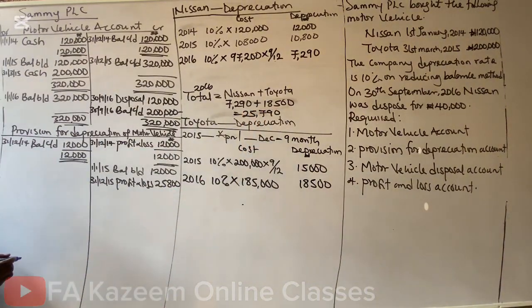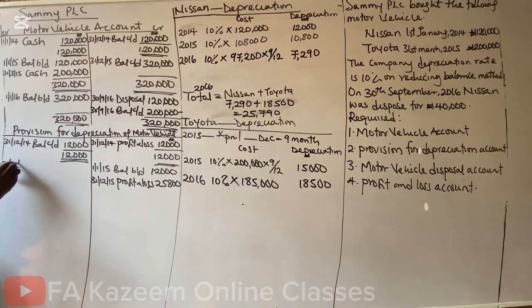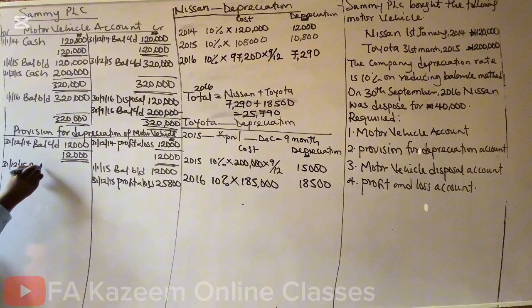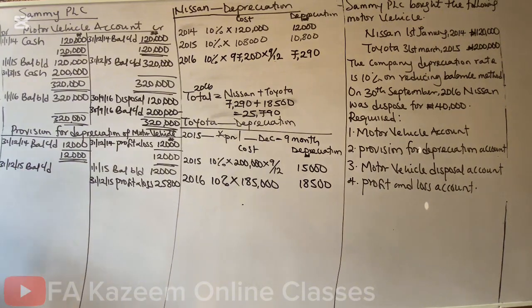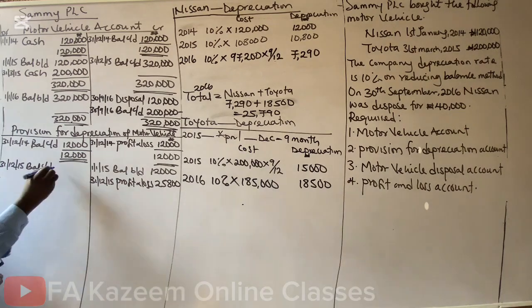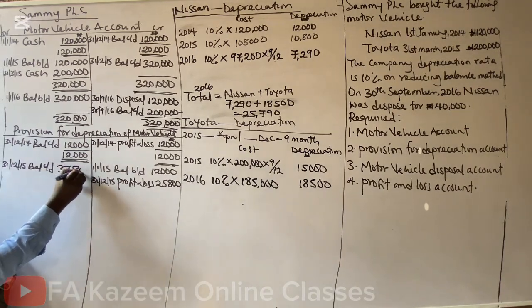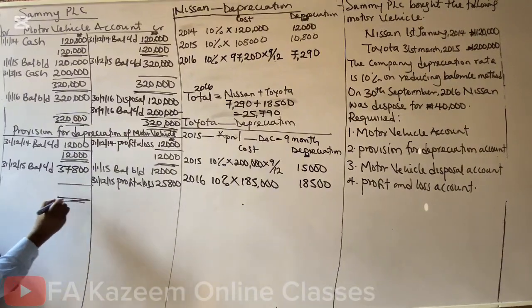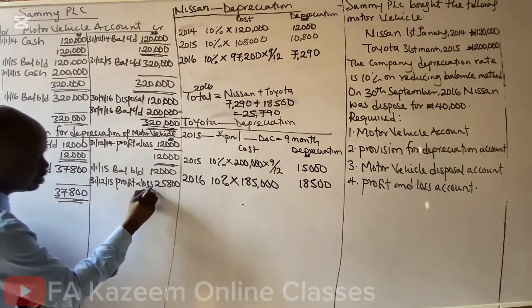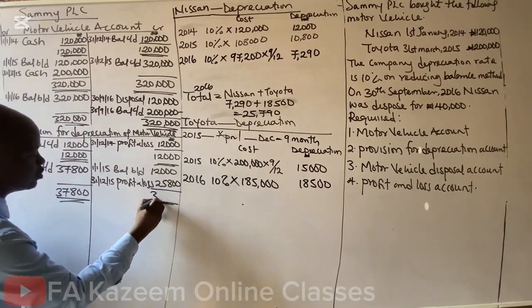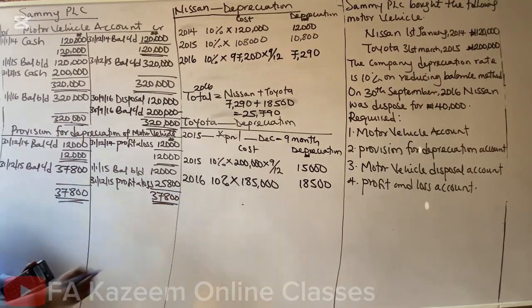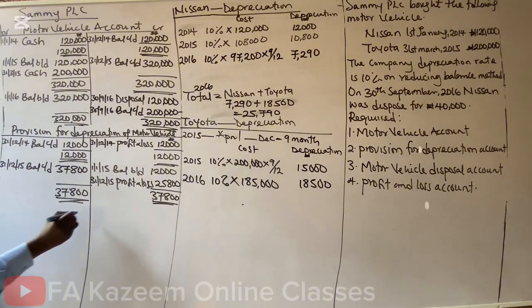We'll come here. We'll first close this. 31st December 2015, balance carry down. That's 12,000 plus 25,800. That's 37,800. Let's close for 2015. 37,800.